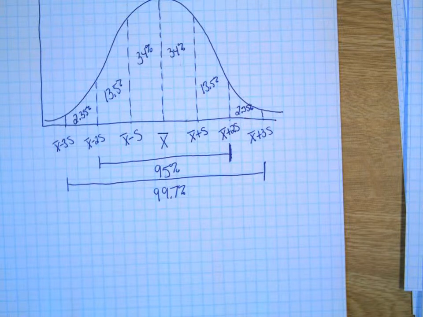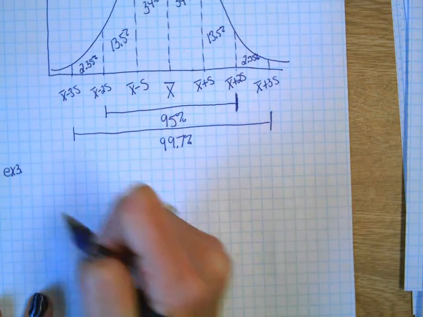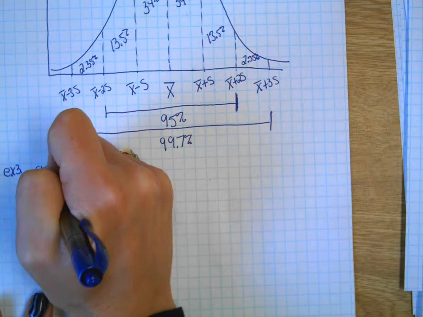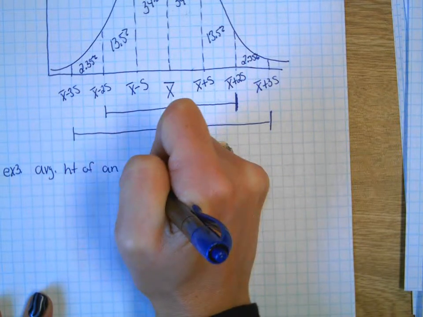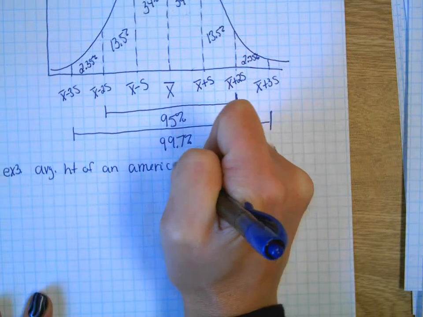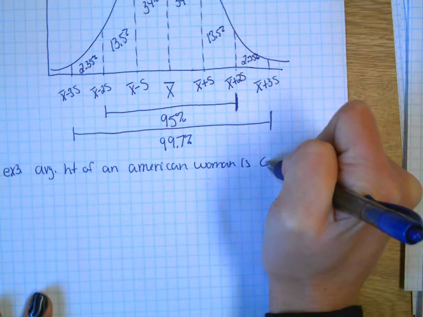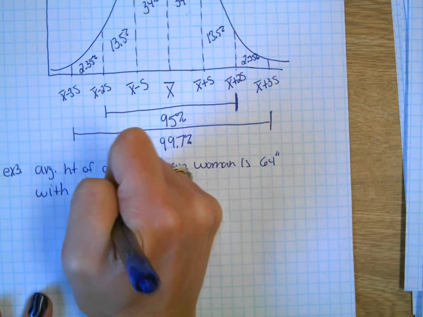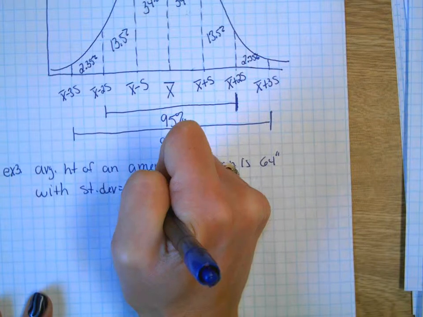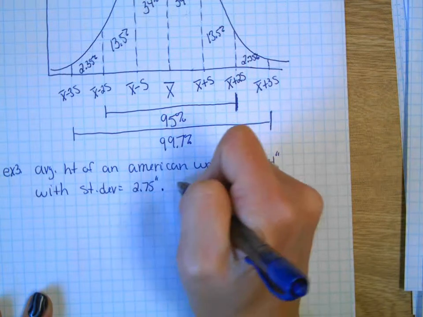So let's do an example with this and call it good. Let's see, the average height of an American woman is 64 inches with a standard deviation equal to 2.75 inches, and heights are symmetrical.